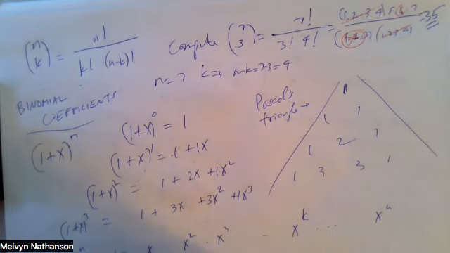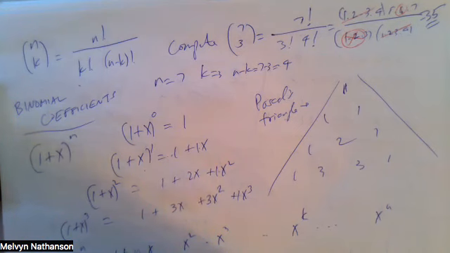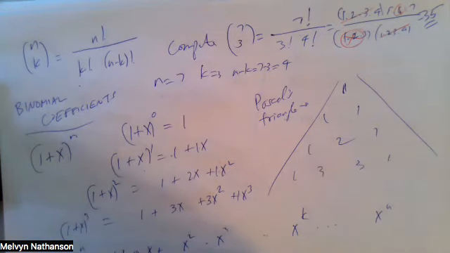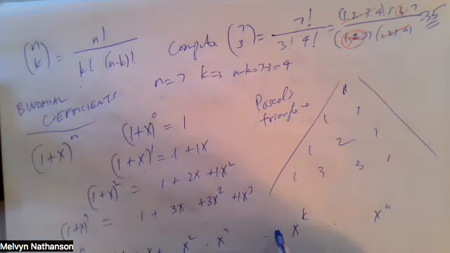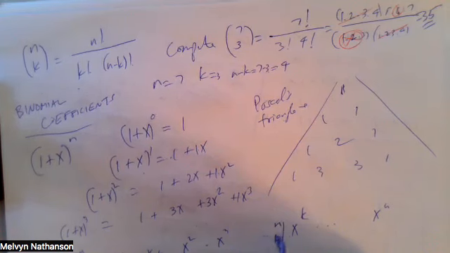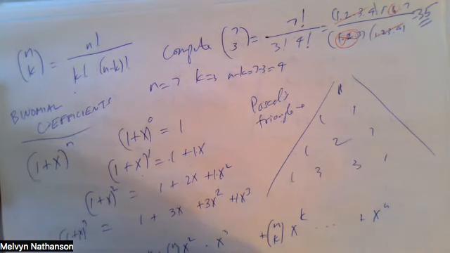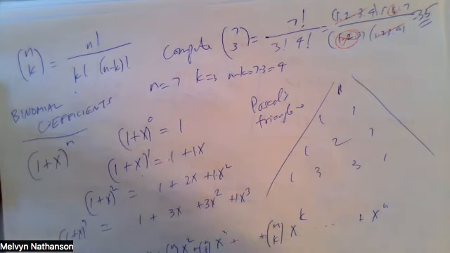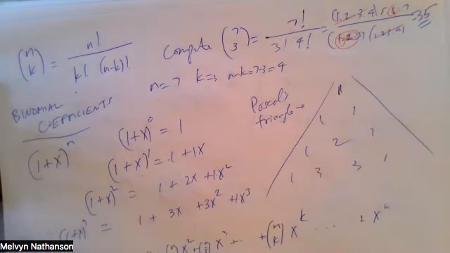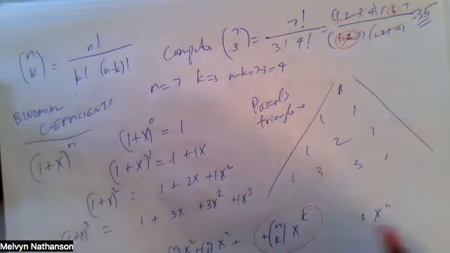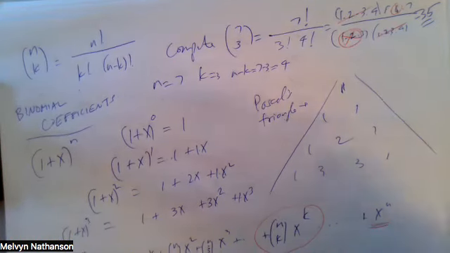This is going to be 1 plus nx plus, well, in general, the coefficient of x to the k is going to be the kth binomial coefficient. This will be n choose 2, n choose 3. In general, when you take 1 plus x to the n and you expand it, you get a polynomial of degree n.